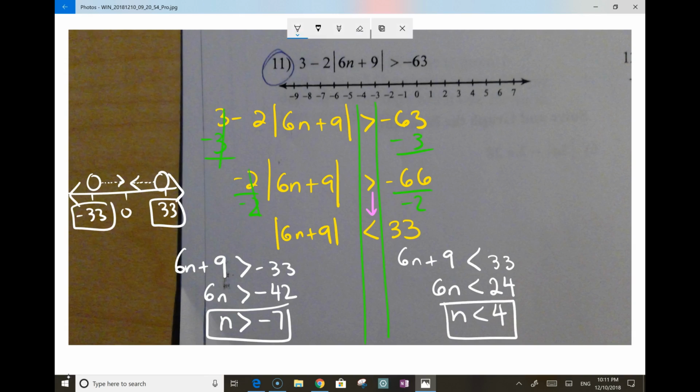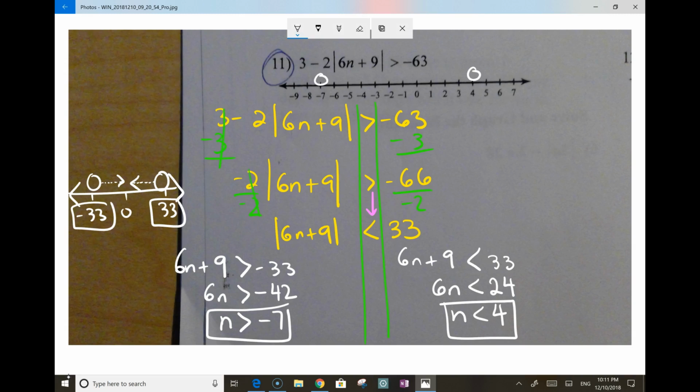That's my second answer. So now what I do is I go to these numbers on the number line, and I put my points, and I make my graph. So I go to 4, put an open point, go to negative 7, put another open point, and then I have to consider which direction to go from each number.